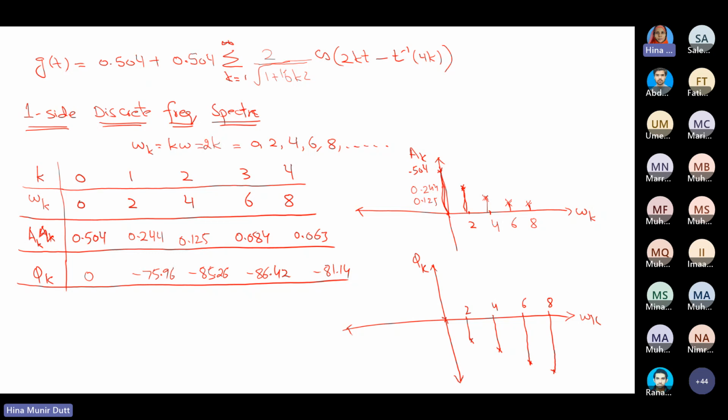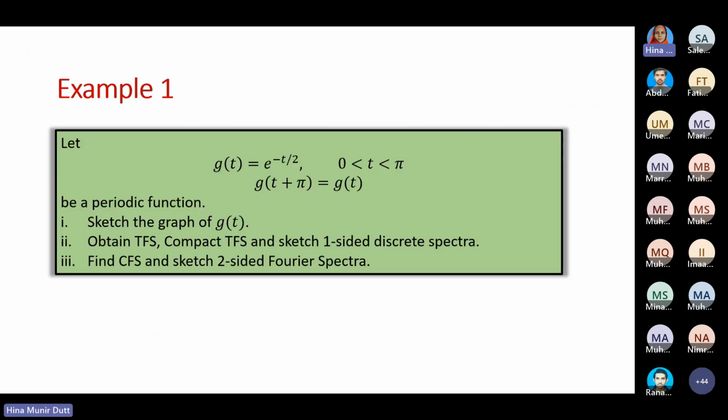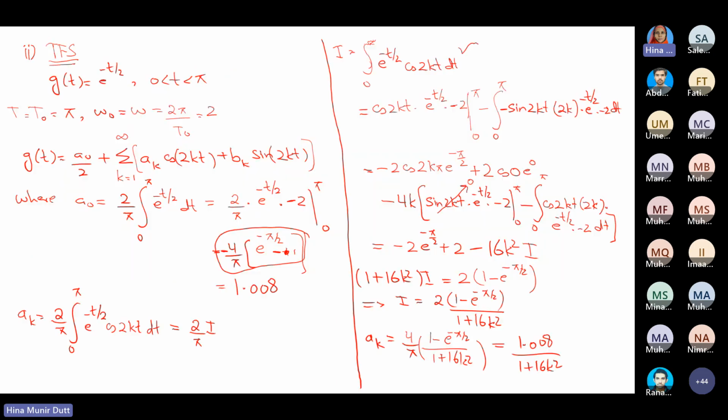So this is the second, the one-sided phase spectrum of this frequency. Okay, this is one-sided frequency spectrum, and the third part is the complex Fourier series and sketch two-sided Fourier spectra.